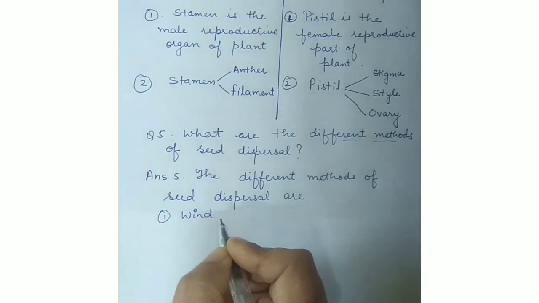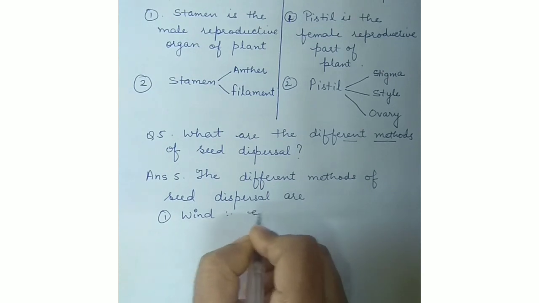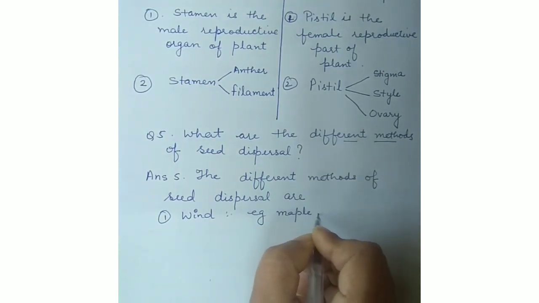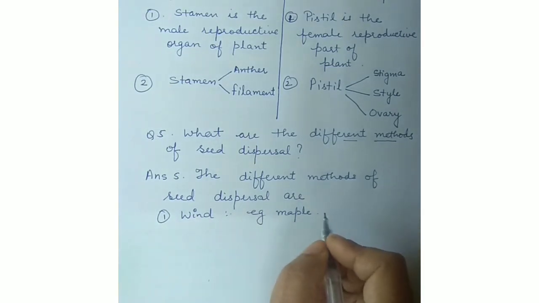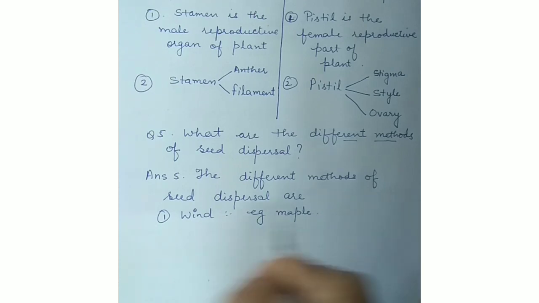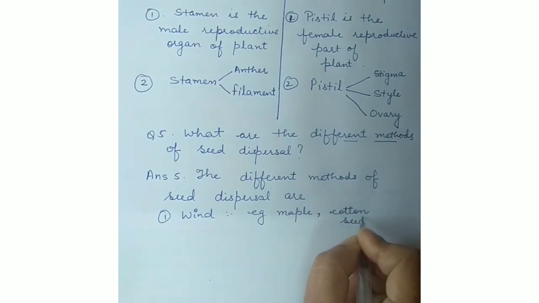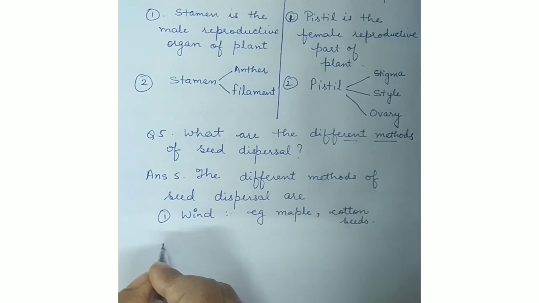The light seeds, like the seeds of maple, they are winged seeds. They can easily be dispersed with the help of wind only. Then next example is the cotton seeds. They are very light. They can also be dispersed by this method with the help of wind only.